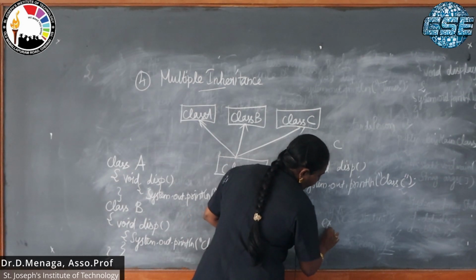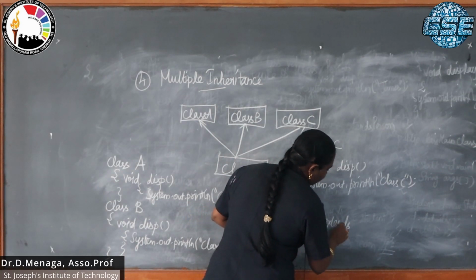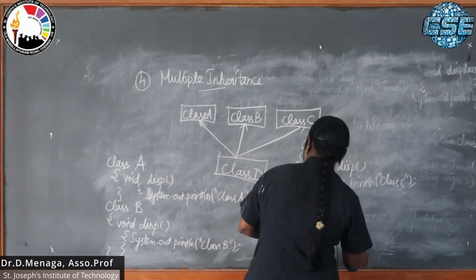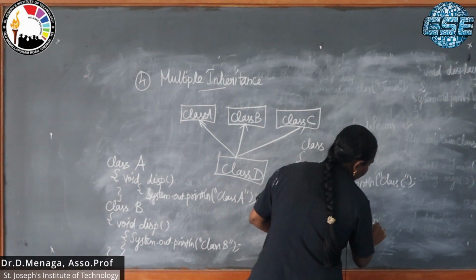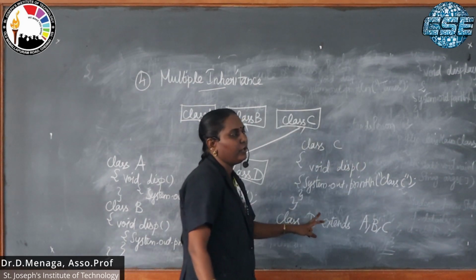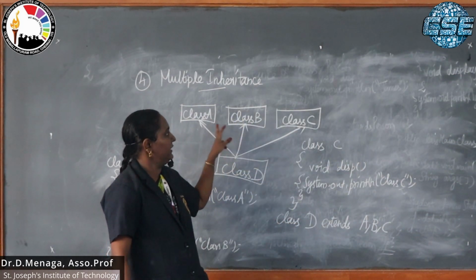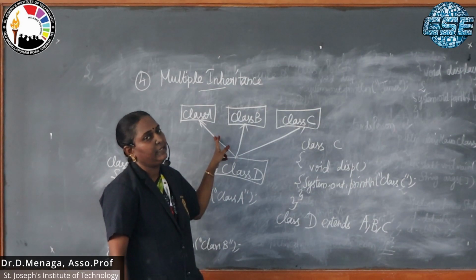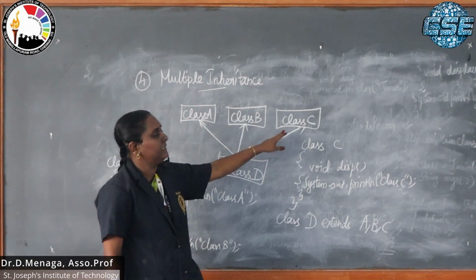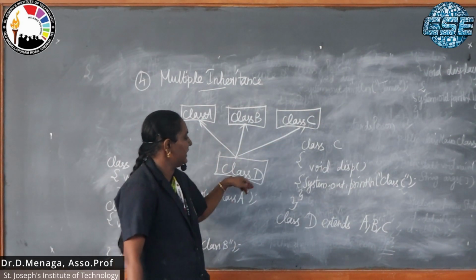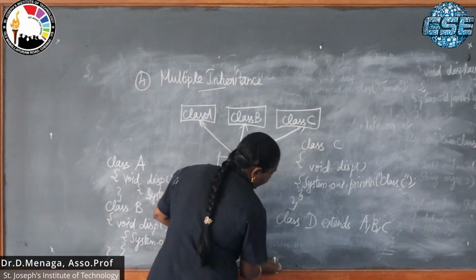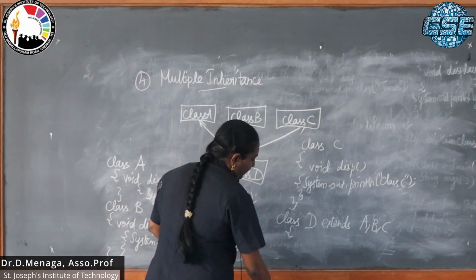By using the keyword extends, I am going to inherit all the classes here A, B, C, because we know that multiple inheritance is nothing but you are going to inherit the properties and methods of various base classes. Here you have A, B and C to be the base classes and this derived class is nothing but class D. Okay.